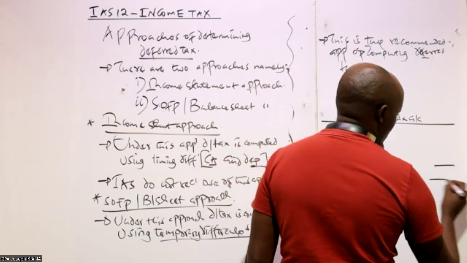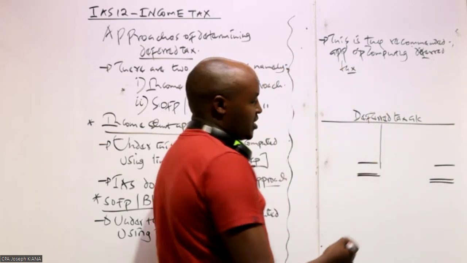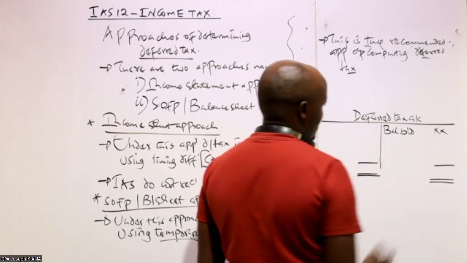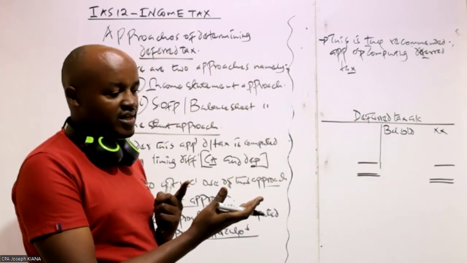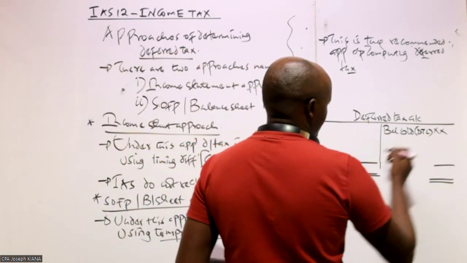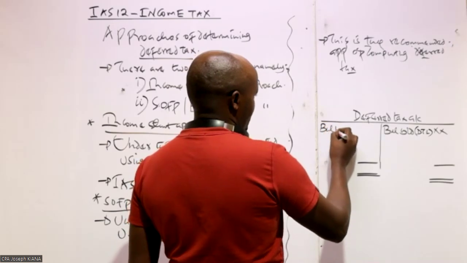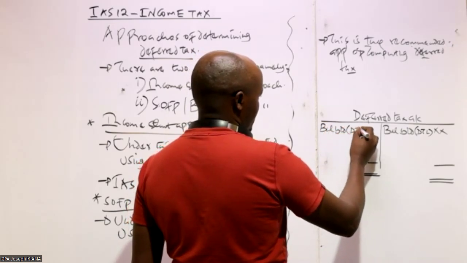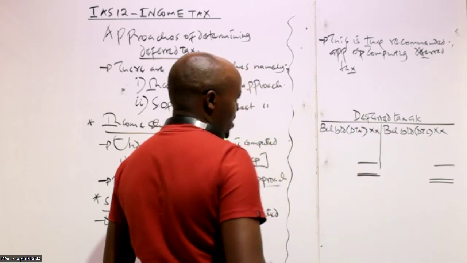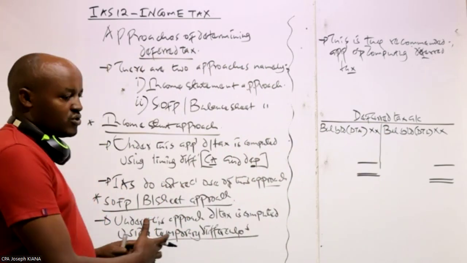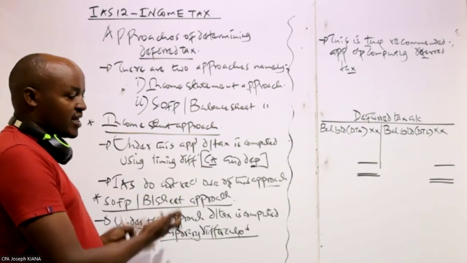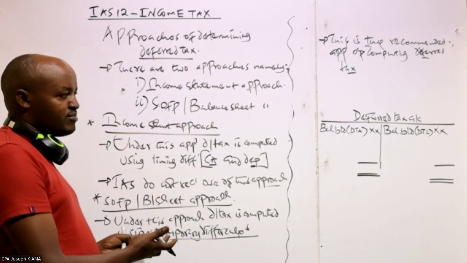The deferred tax account is prepared to determine how much deferred tax will be charged in the income statement. In preparing this account, mostly you'll be given the deferred tax liability at the start of the year, and we record it on the credit side. But in case you are given a deferred tax asset at the start of the year, we record it on this side. And then at the end of the year, you compute the temporary difference, which will either be a taxable temporary difference or a deductible temporary difference.